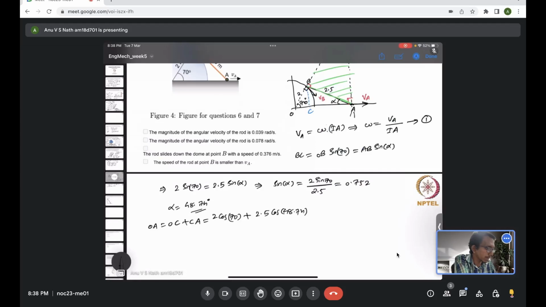We just evaluate it. So we will get the length OA to be 2.333 meter.